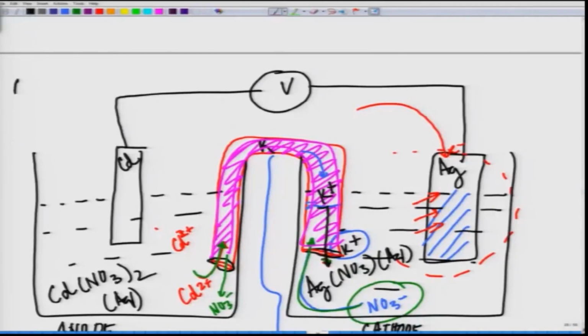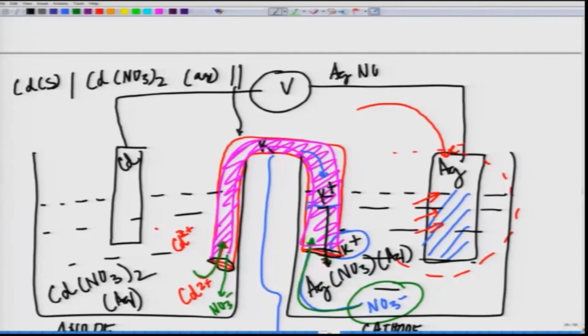Again I am rewriting it: cadmium solid, Cd NO3 2 aqueous, double line which is essentially your salt bridge, followed by AgNO3 aqueous, with a phase boundary, and Ag solid.